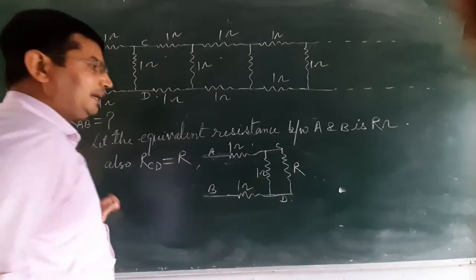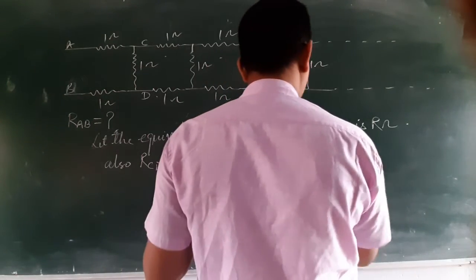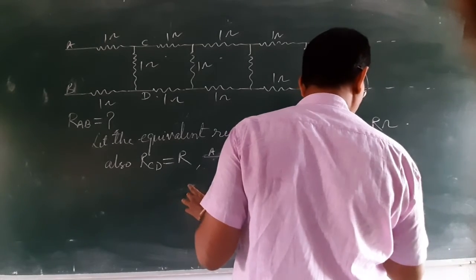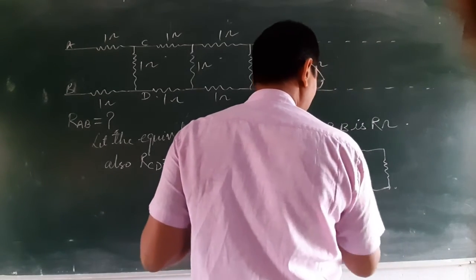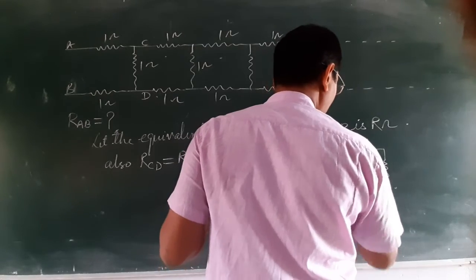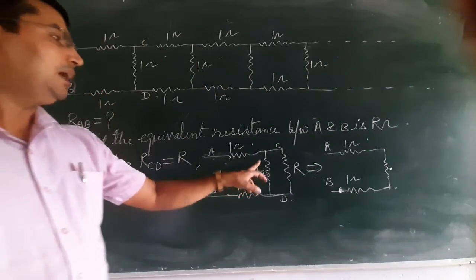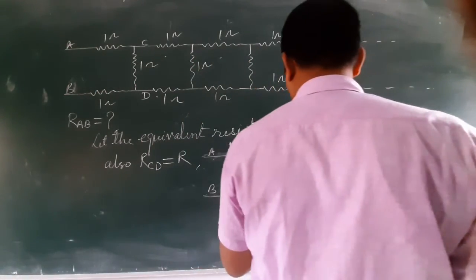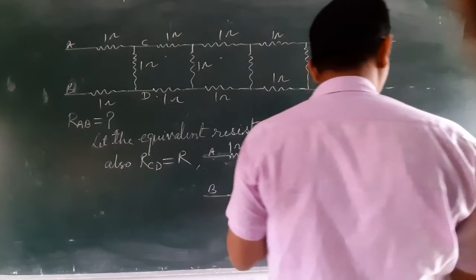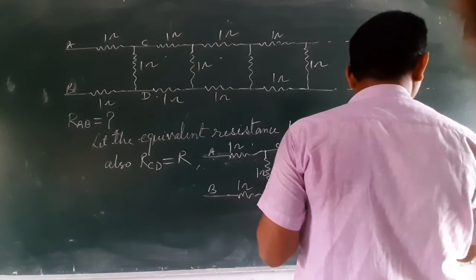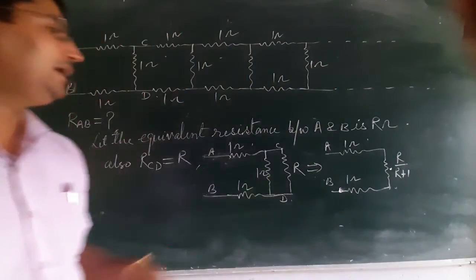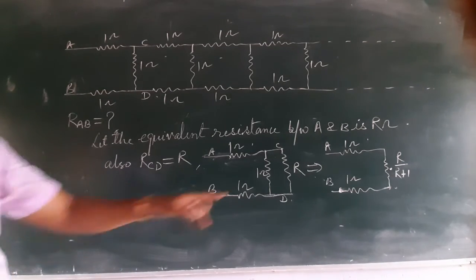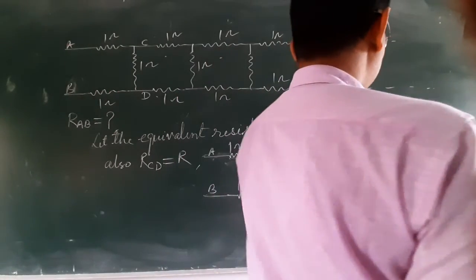R and 1 both are connected in parallel. So using the parallel combination, 1 by 1 plus 1 by R, that will be R plus 1 upon R, means R upon R plus 1. You know, the equivalent resistance in case of parallel combination is R1 R2 upon R1 plus R2.